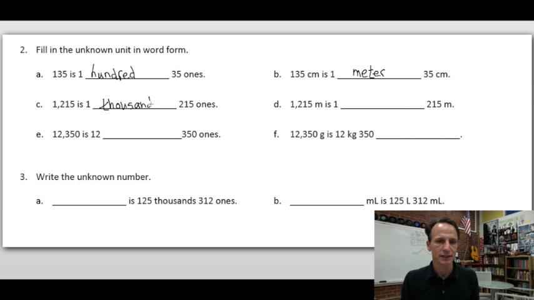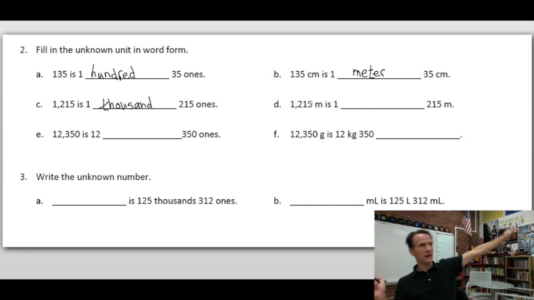And when we look at the same number in terms of meters, 1,215 meters is 1 what? Now, if you're thinking centimeters, 1 centimeter is about yay big. So is 1,000 meters? 1 meter is like this.